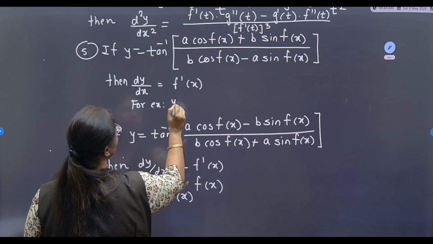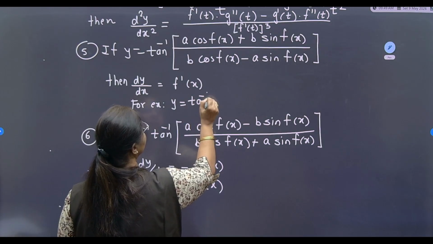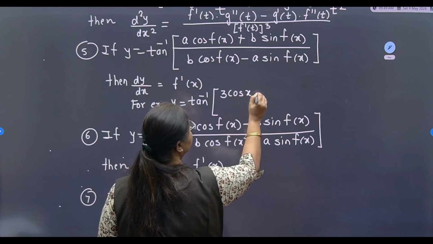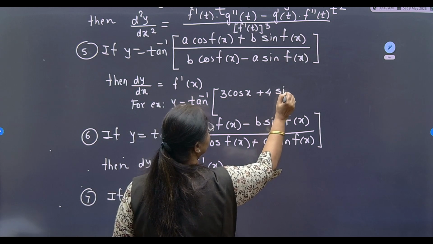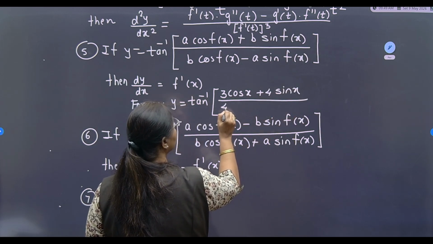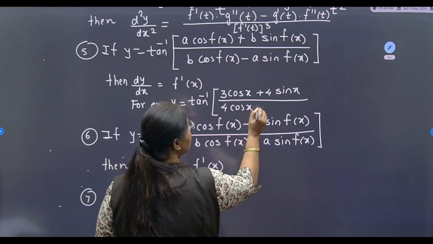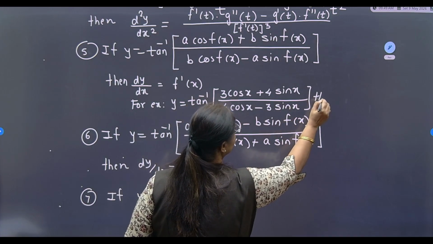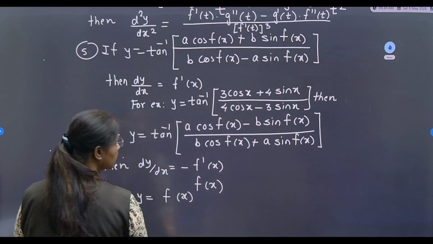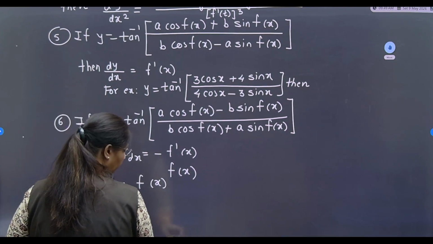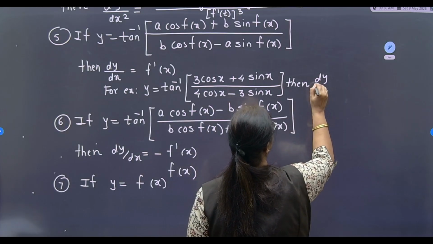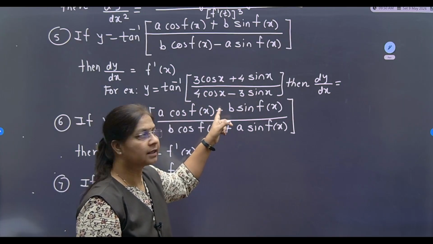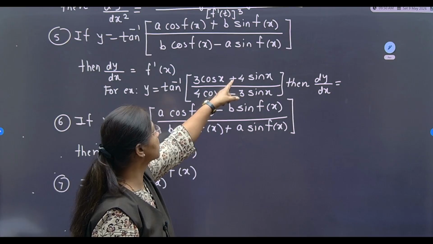if y = tan⁻¹[(3 cos x + 4 sin x) / (4 cos x - 3 sin x)], then dy/dx is equal to, here f(x) = x, so its derivative is f'(x) = 1, with plus sign in the numerator.